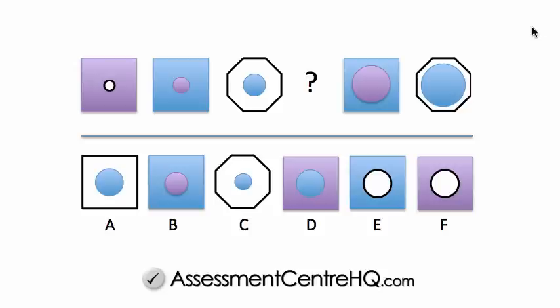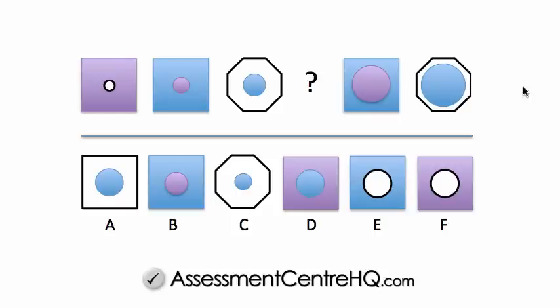I hope I'm not losing you here with these details. This is written out further down the page as well. What we have is purple, blue, and then white with the black edges, then a gap, then blue, and then the octagon again, black at the edge with a white fill in the middle. So that's our fourth variable, the colour of the outer shape.